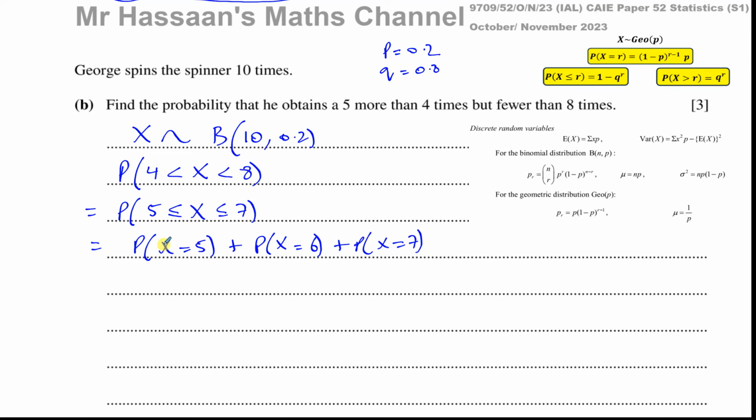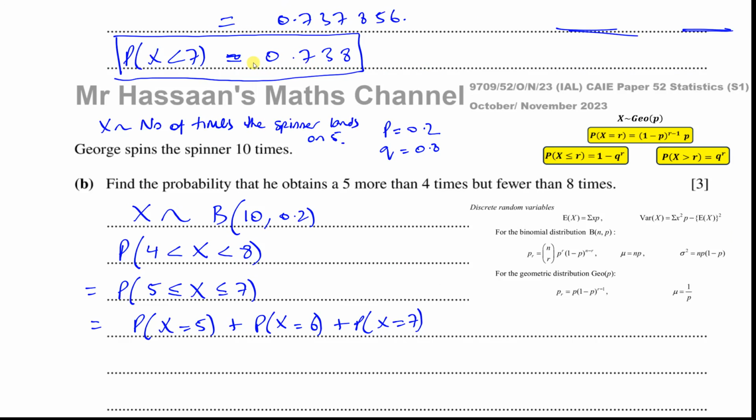So here, x, the random variable in this particular case, is the number of times the spinner lands on the 5 in the 10 throws. So the random variable is different here. Okay, so lands on a 5.